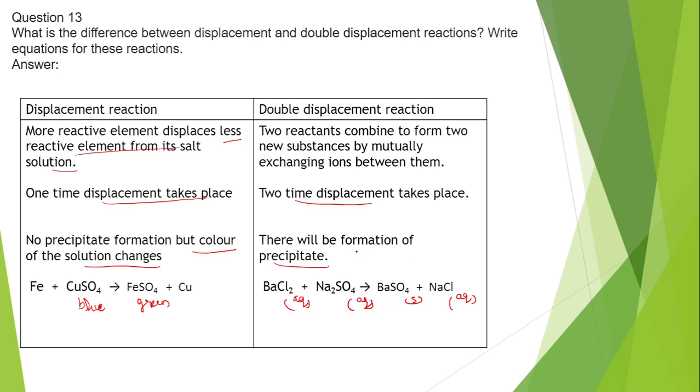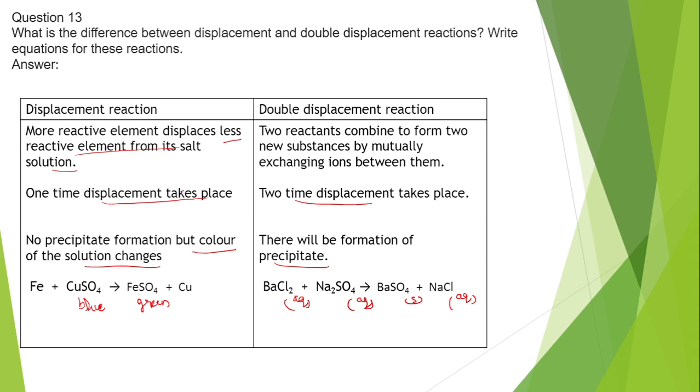That is why a displacement reaction and a double displacement reaction have differences in these three factors. Which are the three factors? In displacement reaction, more reactive element displaces less reactive element from its salt solution, whereas in double displacement reaction, there is a mutual exchange of ions between the reactants to form two new substances.